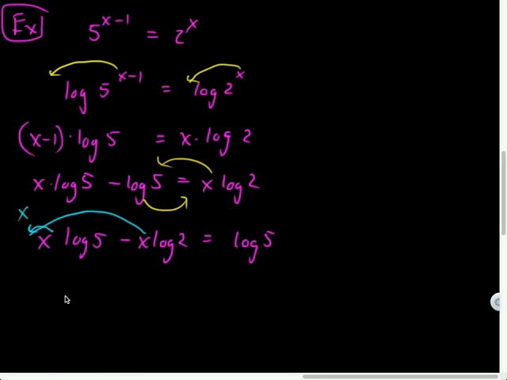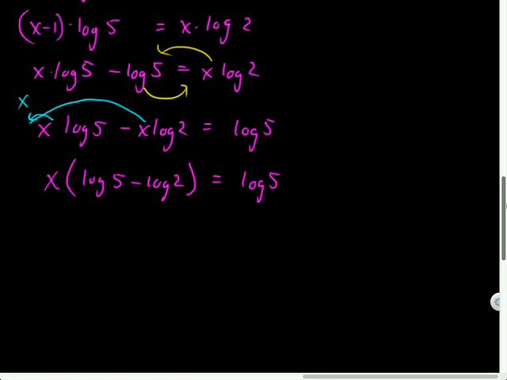So this is x times log 5 minus log 2 equals log 5. Almost done. To get x by itself, it's being multiplied by this big thing, which is just some number. So I can just divide both sides by the big ugly log 5 minus log 2.